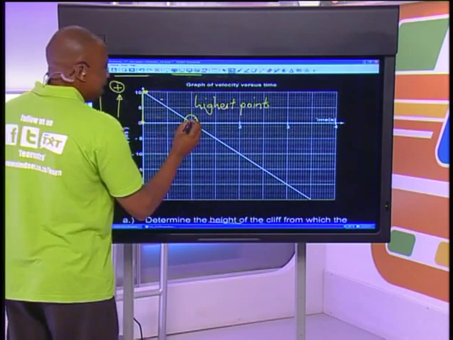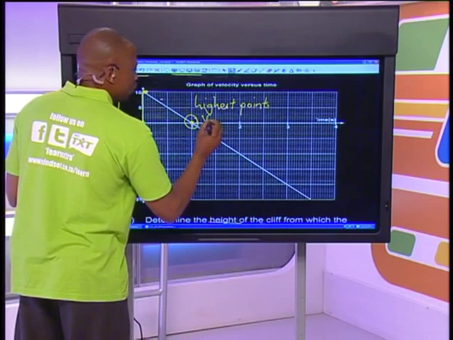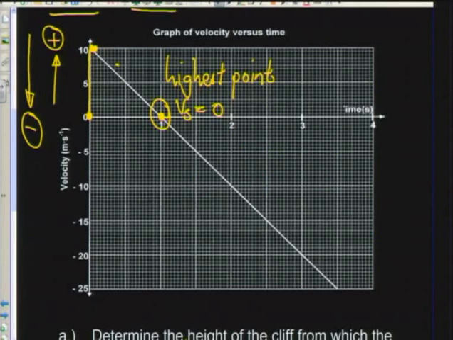It means that at that point, the velocity of the stone is 0. And it is at this point here that the stone reached its maximum height. As the stone comes down, remember that down is negative, given that up is taken to be positive. So as the stone begins to come down, its velocity is negative, and therefore it has to be in the negative sense like that.